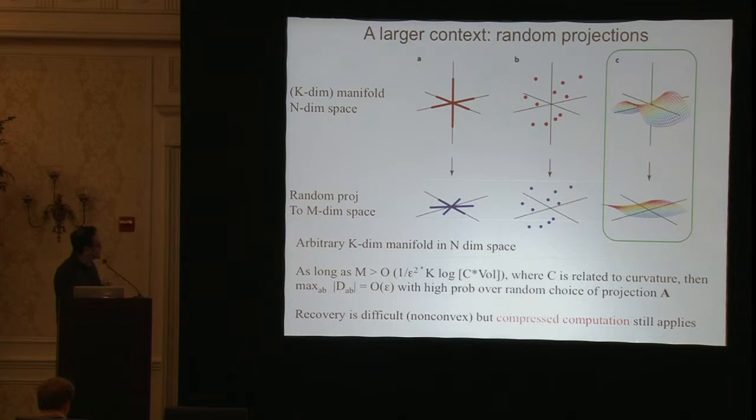Okay, so the way this applies to us in neuroscience is this ambient space has a dimensionality on the order of 100 million or so. This has a dimensionality that's quite small, as we saw, order 10.